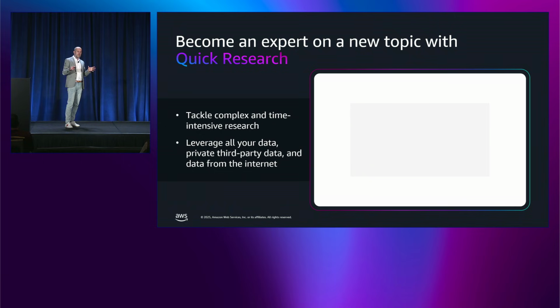So quick research is going to use all that data, plus data that is in the foundational models, and if you want, also data from the internet, from the web, to create this professional report with citations so you know where each piece of data is coming from. So there is, let's say, no risk or lower risk of hallucination because you know where the data is coming from.